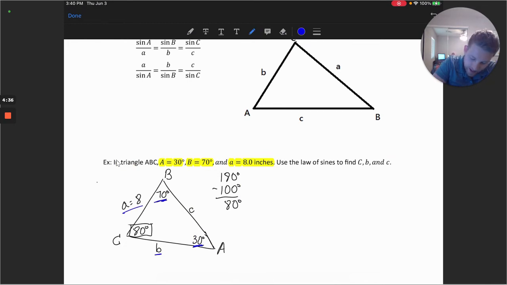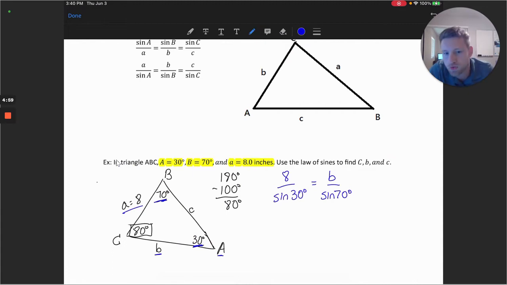We have a, which is 8, divided by the sine of 30 degrees, that's the sine of angle A, is equal to the b length divided by the sine of 70 degrees. This is just one portion of the law of sines.